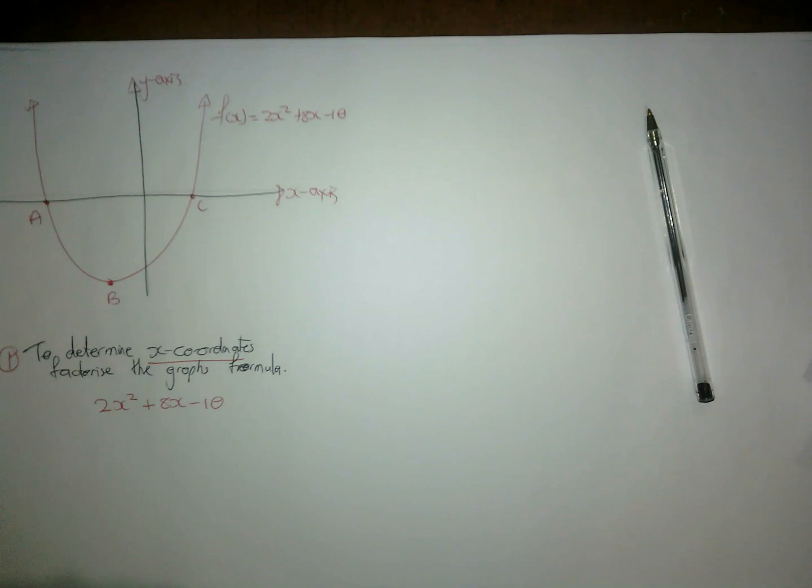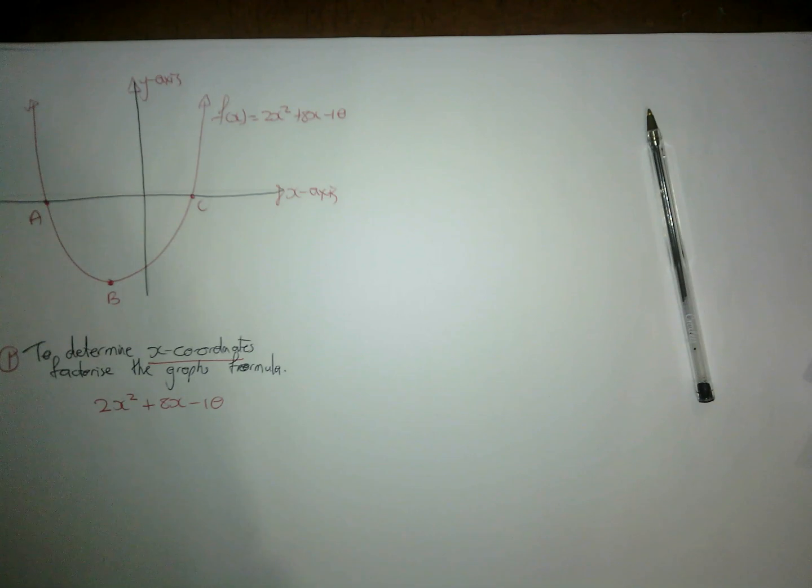Do you want to use a calculator? I hear you there. It could be a problem. Let's say they're marking strict and they want to see steps. You can use a calculator to check your factorizing.